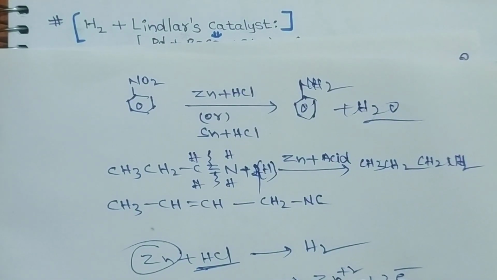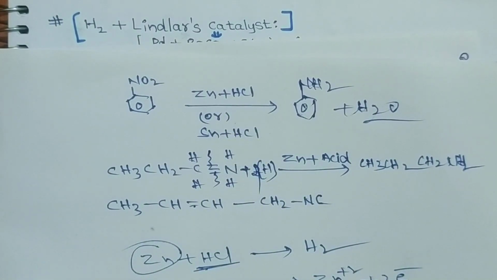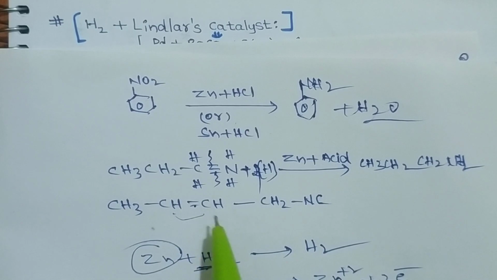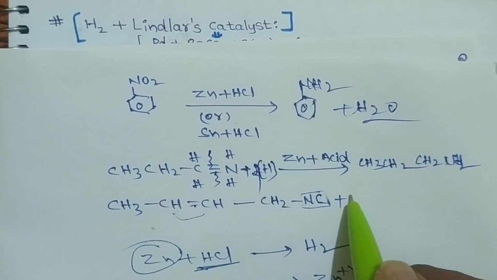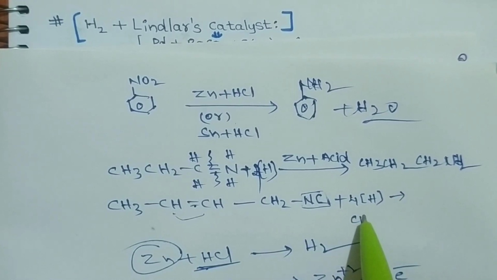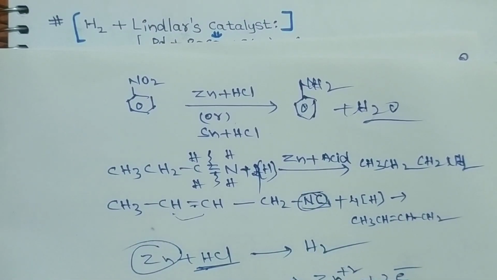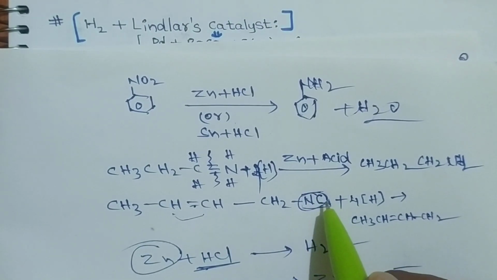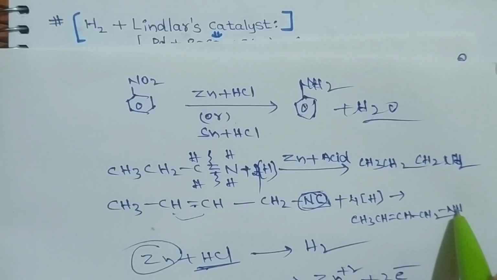Next here a double bond is given. These metal acids cannot reduce the carbon-carbon double bond, so it won't be affected. Next here isocyanide is given. Isocyanide is reacting with 4 moles of hydrogen, then it is converting into CH3CH=CHCH2 and the NC compound, nitrogen double bonded with carbon, triple bonded with carbon, so it is converting into a secondary amine.